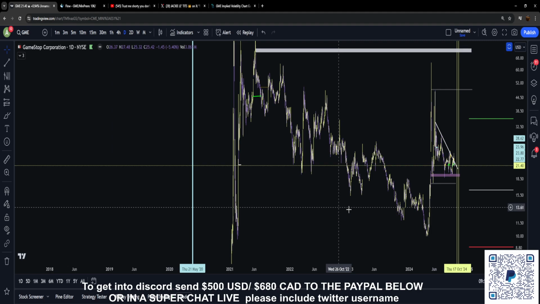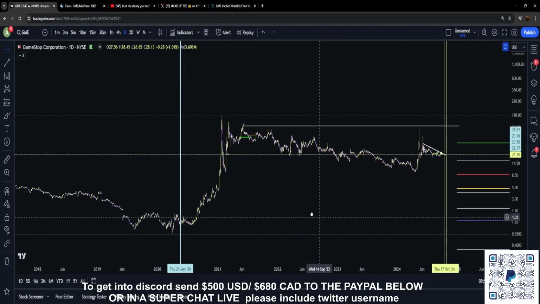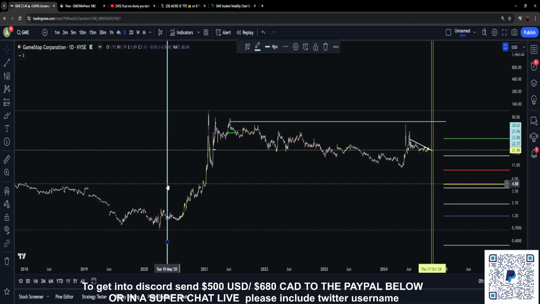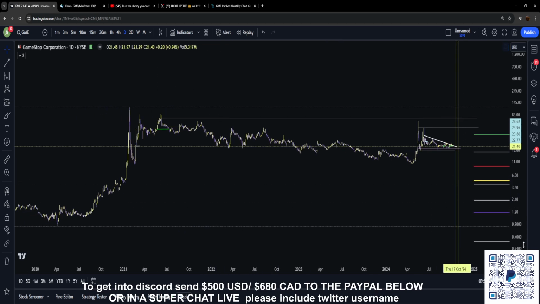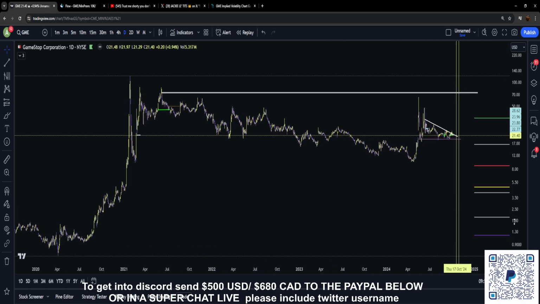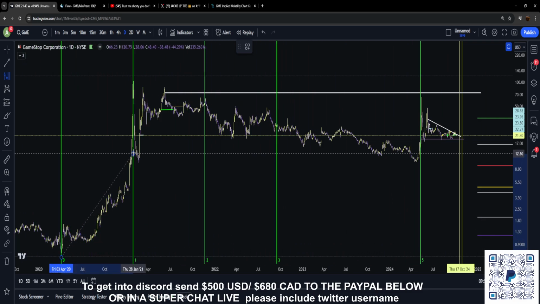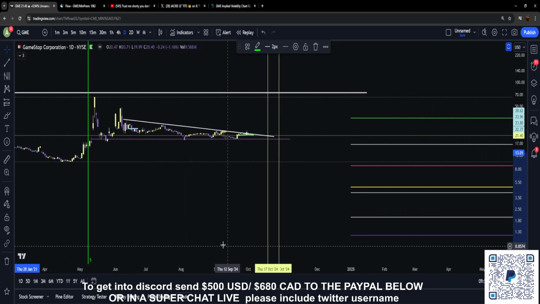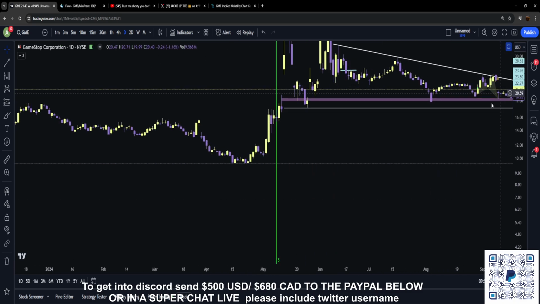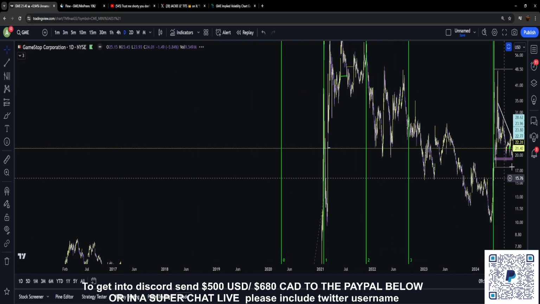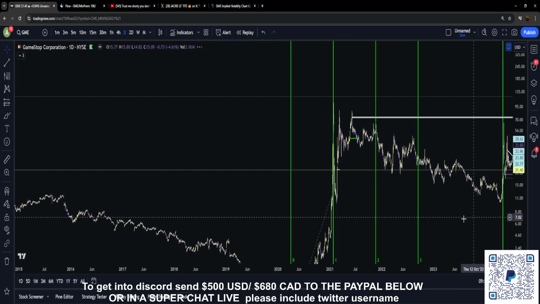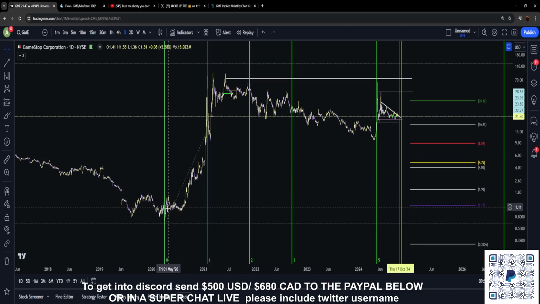Now, if you don't know this either, right? One of the things that we did when we caught the original move with GameStop at the $10 lows is, interestingly enough, there was actually a giant Fibonacci time zone that either happened right before or just shortly after GME started to boom. So look at that, right? Just before the cat came back, a Fibonacci time zone pulled all the way from the low to the high of the original sneeze.